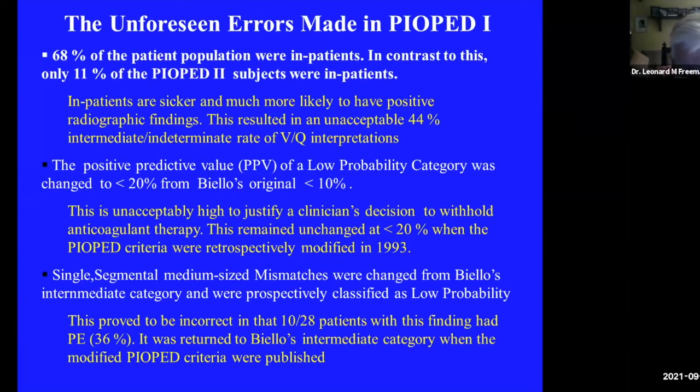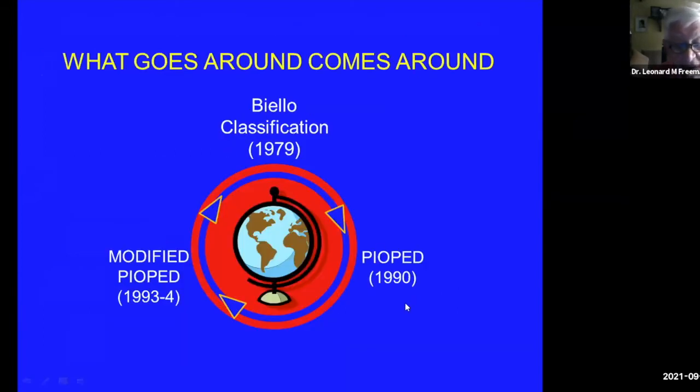So there was a new study done 3 years later, which was called the revised PIOPED study. And what happened in the revised PIOPED study is that the low probability scan was still kept in that range of less than 10%, less than 20%, and that was a problem. So here you see the PIOPED, here you see the modified PIOPED.